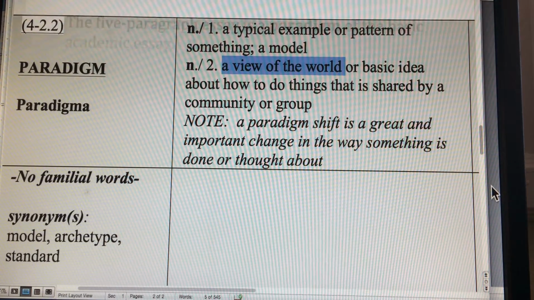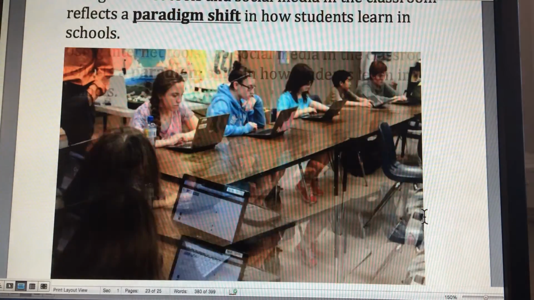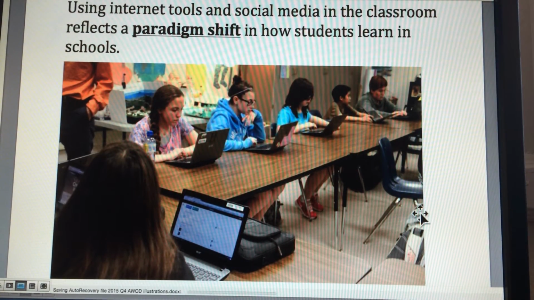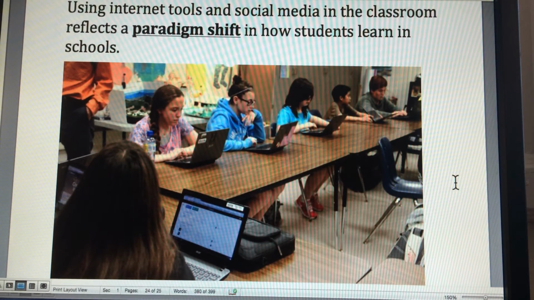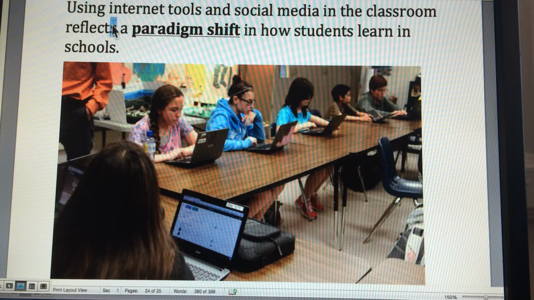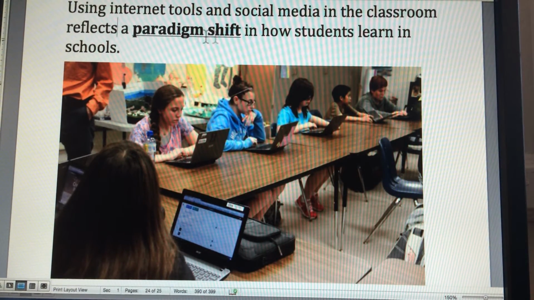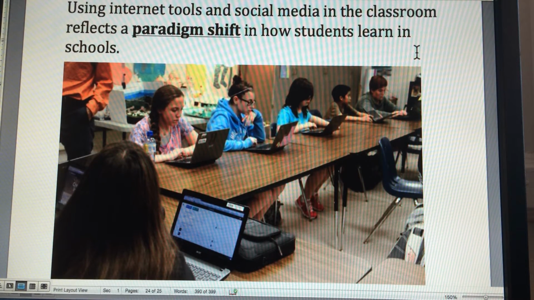Again, let's take a look at an example. Using internet tools and social media in the classroom still reflects a paradigm shift in how students learn in schools. Okay. So the idea is how students learn in school.